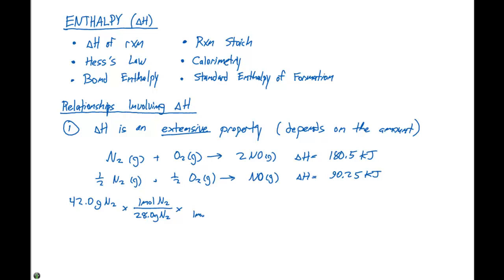And we also know that 1 mole of N2 is equal to 180.5 kilojoules of energy. So if we react 42 grams of nitrogen with excess oxygen, we're going to get 42 divided by 28 times 180.5, or 271 kilojoules of energy. And we can use this delta H value just like we would use a conversion factor.